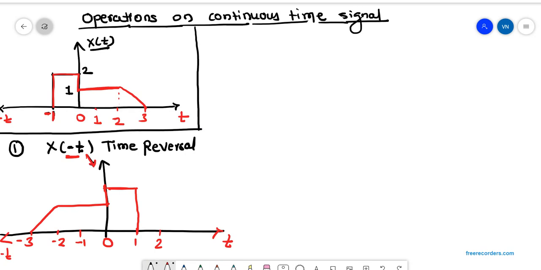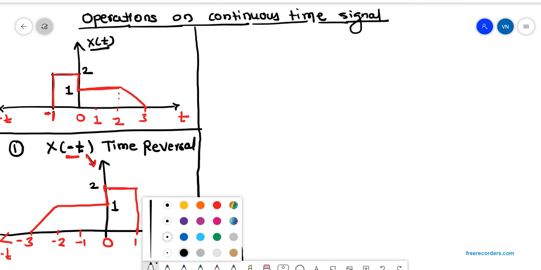So this is called a time reversal signal. There is no change in amplitude, you just have to reverse the time.